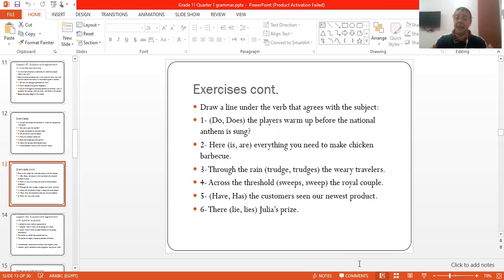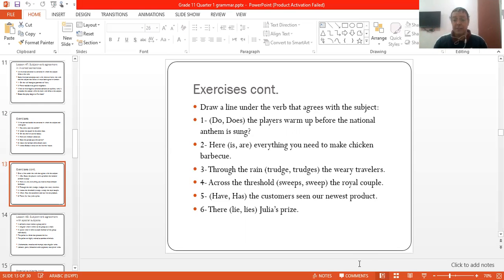What are some of the cases where we have inverted sentences? We have inverted sentences if the sentence starts with a prepositional phrase. For example, on the wall hangs a portrait, or a picture, or a photo. Here, hangs is the verb and a picture or a portrait is the subject.